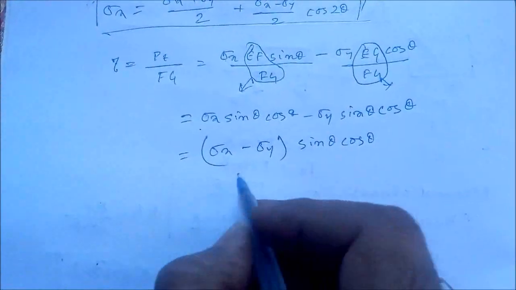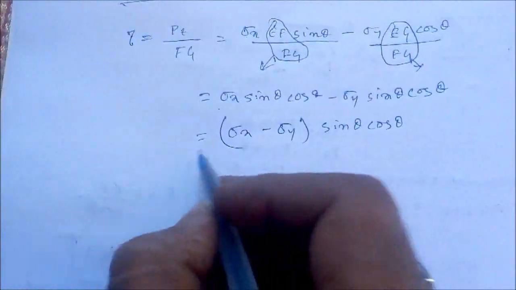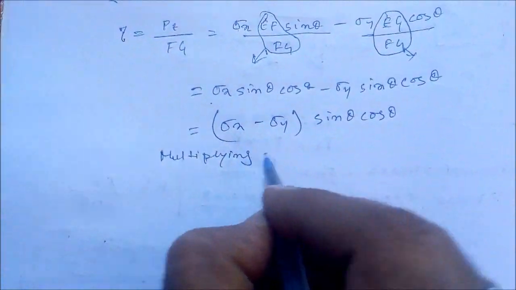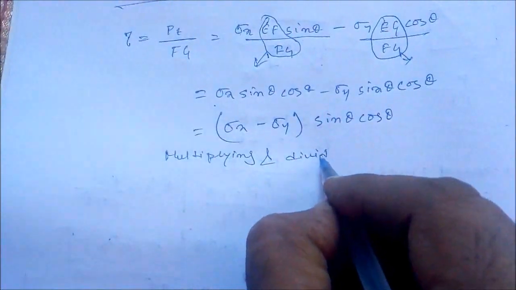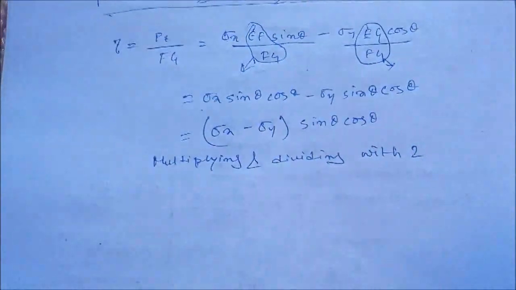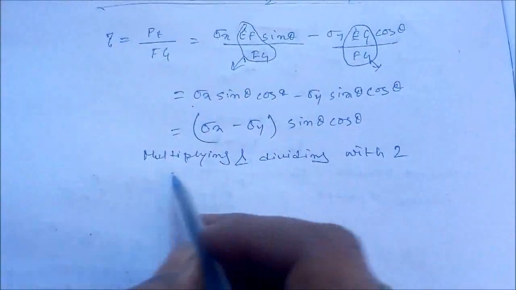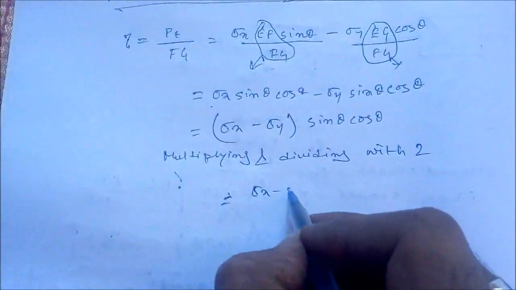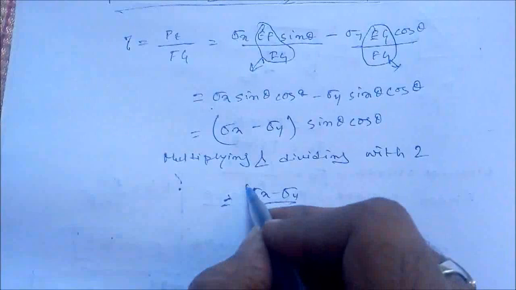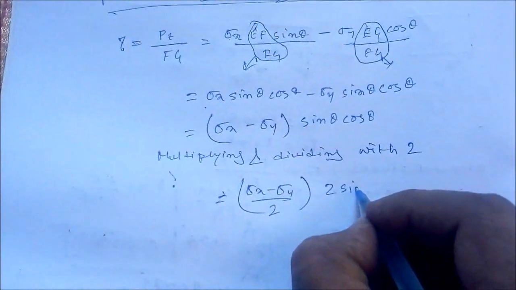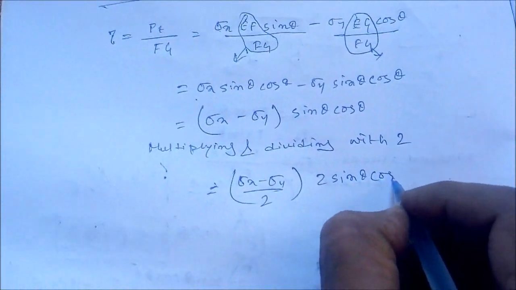right? Now multiplying by 2 and dividing by 2, then what we are getting? We are getting (sigma x minus sigma y) by 2. We are dividing by 2 over there and we are multiplying by 2 in this, so 2 sin theta cos theta.